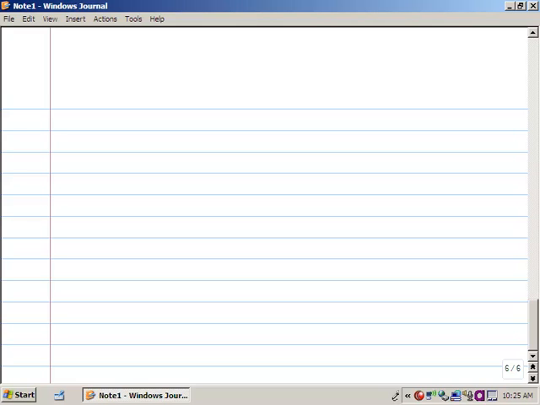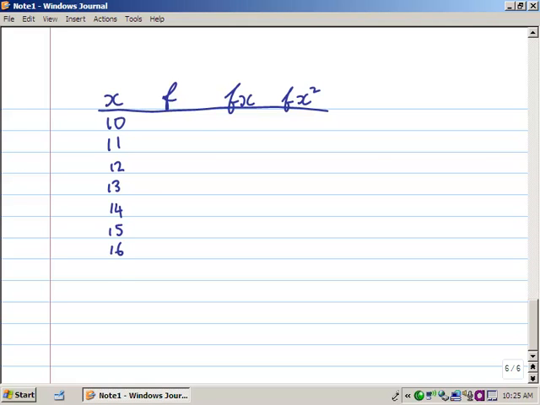What we'll need to call for are the x's, the frequencies, fx, and fx squared. The x's: we have 10s all the way through 18s, so we have 10, 11, 12, 13, 14, 15, 16, 17, 18.